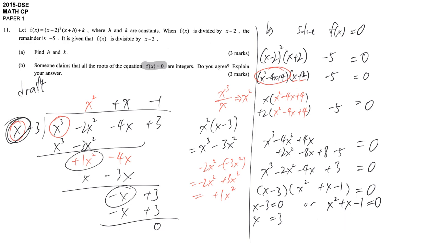Or if you use a calculator, it gives you x equal to 0.618 or x is equal to negative 1.618. So both of them are not integers. Integer means whole number. That's why we do not agree with the claim.